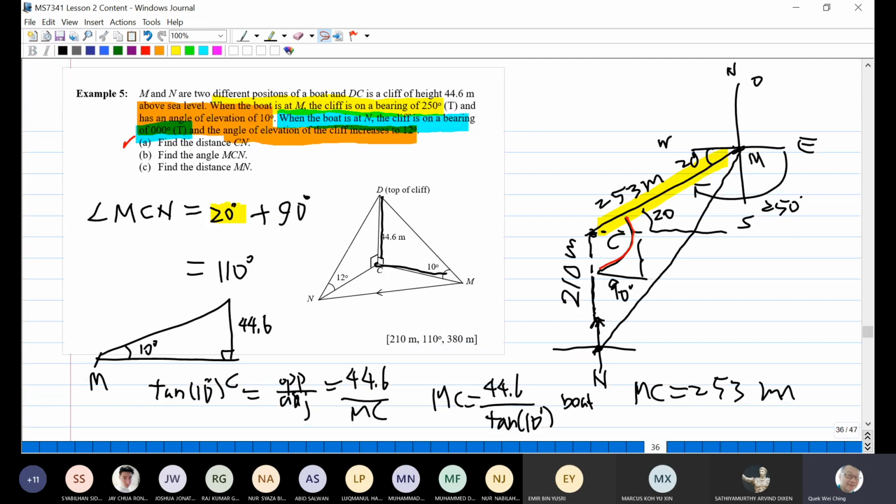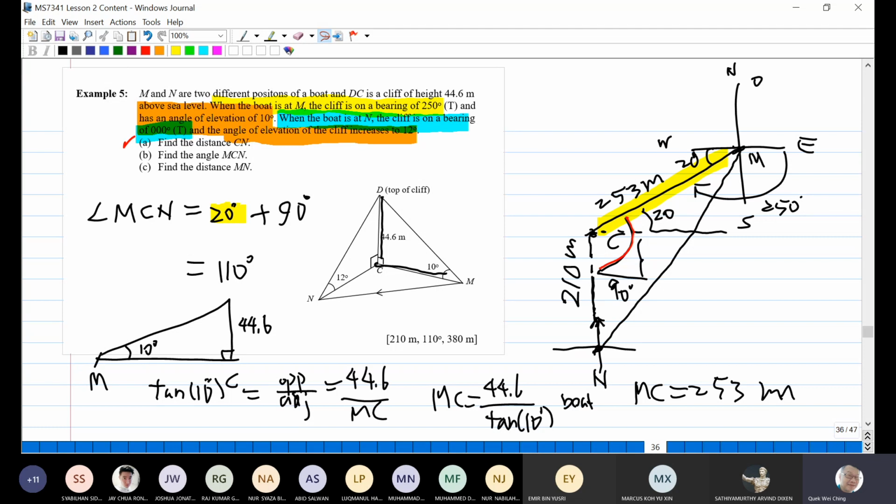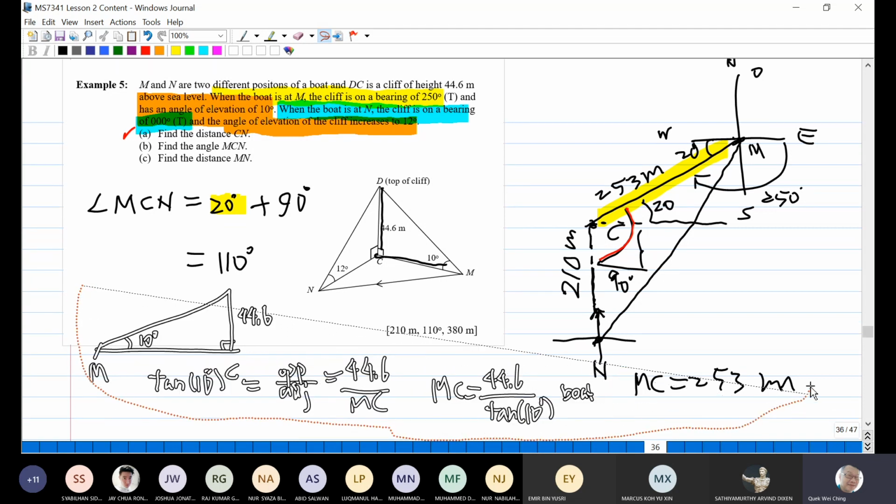Finally, I want to calculate MN now. This is where you can apply the cosine law, or you can also apply the sine law. Let me show you how to apply the cosine law here.